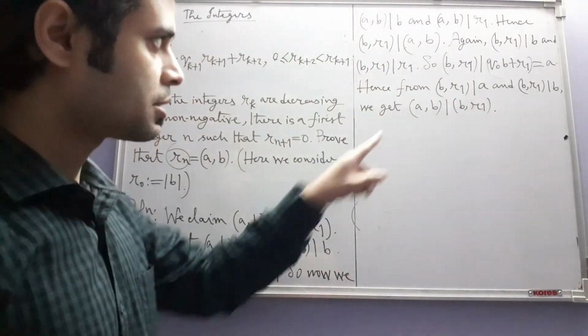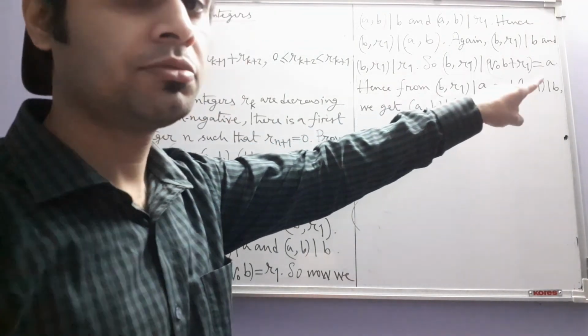How? Because now this GCD is a common divisor of A and B.